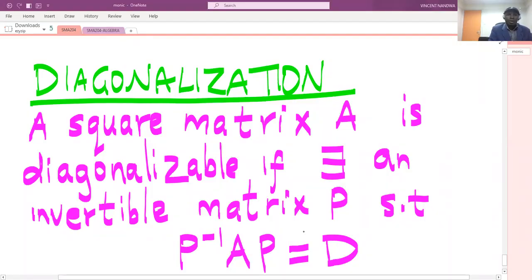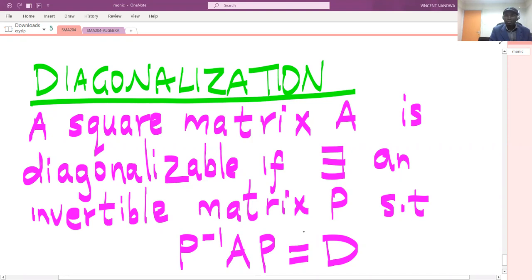So let's go direct into the solution of the problem. Diagonalization of a square matrix simply means that you need to find a matrix P such that if you get the P inverse of that matrix, you multiply by A and then multiply by the P itself, then you'll get a diagonal matrix.